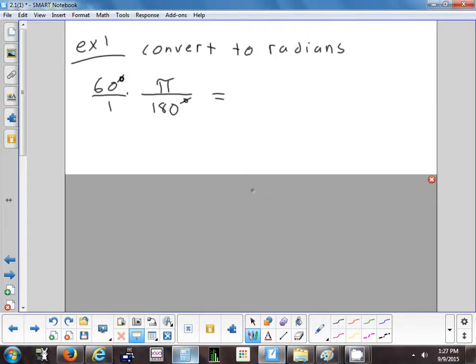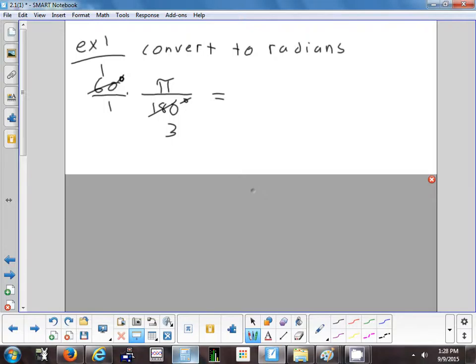Even bigger. Think really big. 60. Yeah, you can divide it by 60. All right, so divide the top by 60 and the bottom by 60. 60 goes into 180, Brandon, how many times? 3.